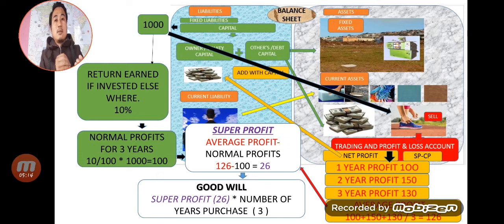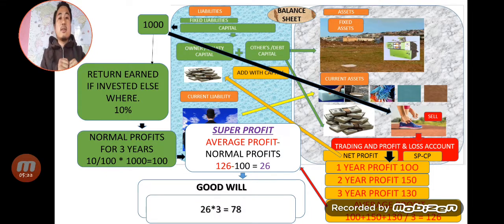Then the goodwill will be super profit into number of years of purchase. It will be 26 into 3, that will be the goodwill following the super profit method. 26 into 3 is equal to 78.